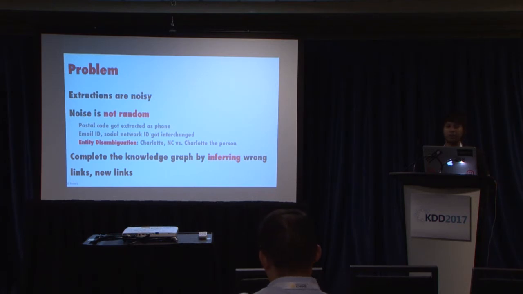Other examples: email address or social network ID can get interchanged if you write them a certain way. The third problem, much more widely studied in NLP and briefly mentioned, is entity disambiguation. The example we like to use is Charlotte, North Carolina, the location, versus Charlotte, the person.